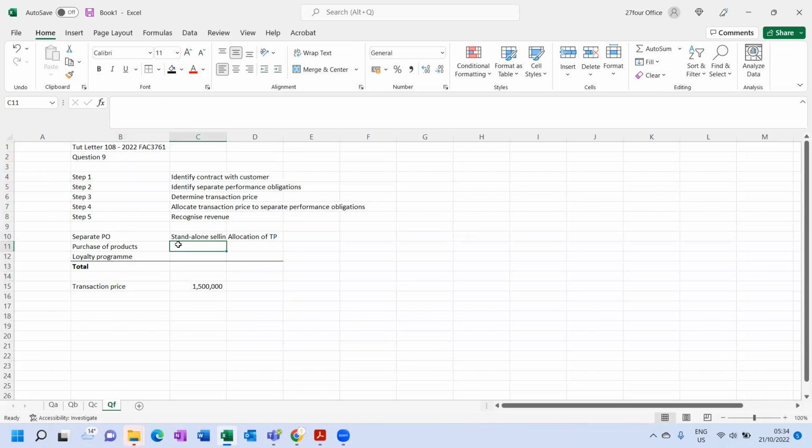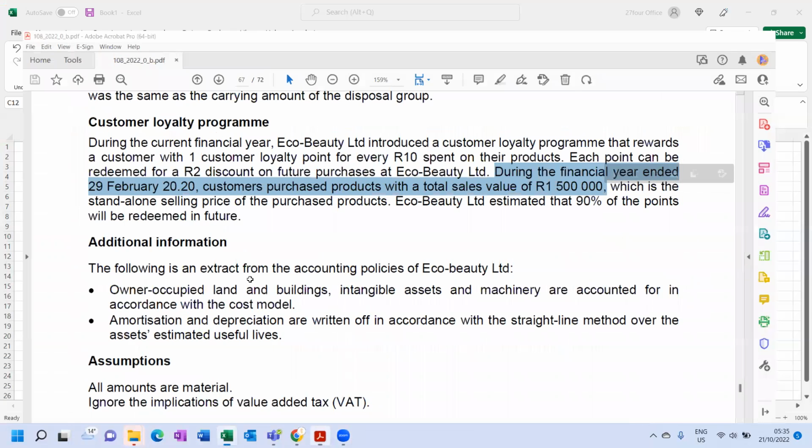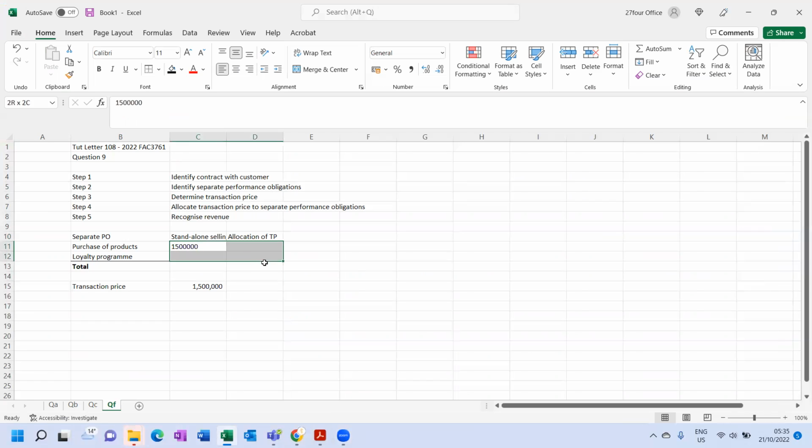The standalone selling price of the products was given to us, 1.5 million. That's what they told us in the question: customers purchased products with a total sales value of 1.5 million, which is the standalone selling price.